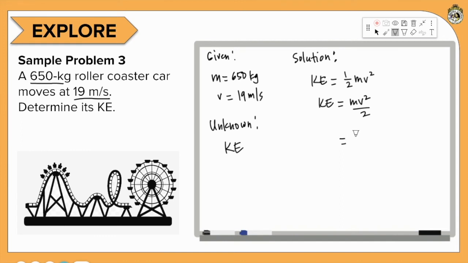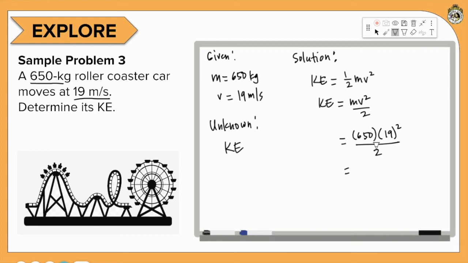The mass is 650, the velocity is 19, and we're supposed to square it, then divide by 2. Using the calculator, we always follow PEMDAS. If you are doing this manually, you're supposed to multiply 19 to itself first, then to 650, then divide by 2.